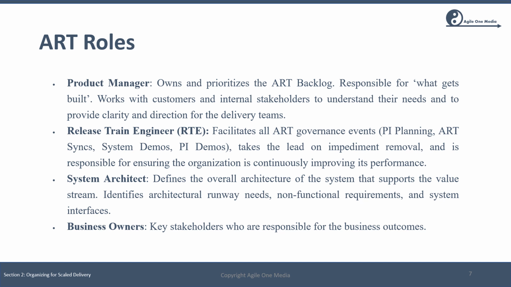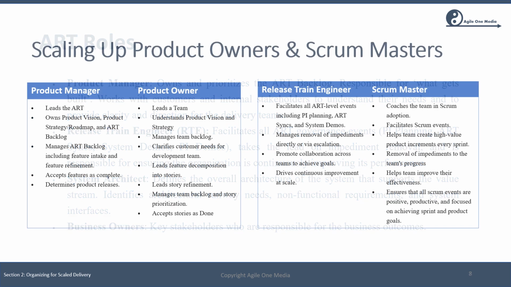The system architect is responsible for defining the overall architecture of the system that supports the value stream, identifies architectural runway needs, non-functional requirements, and system interfaces. Then we have business owners. These are key stakeholders who are responsible for the business outcomes associated with the ART.